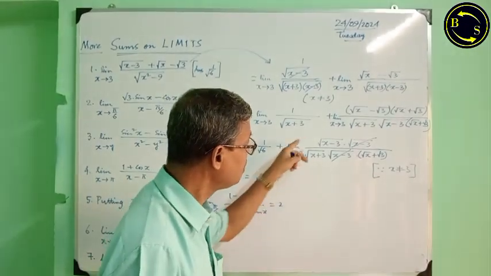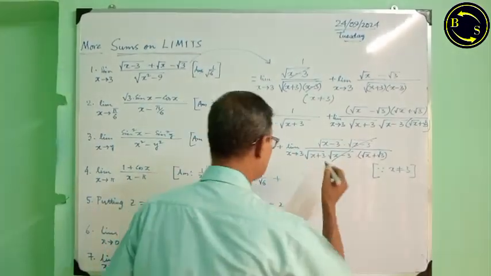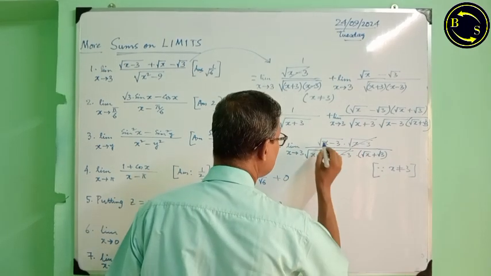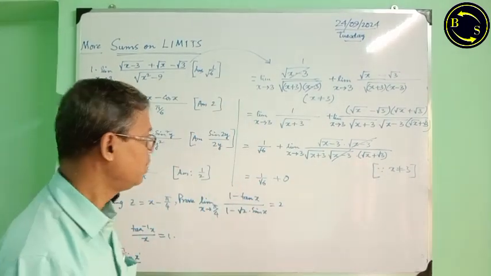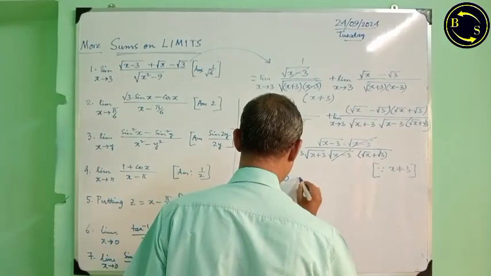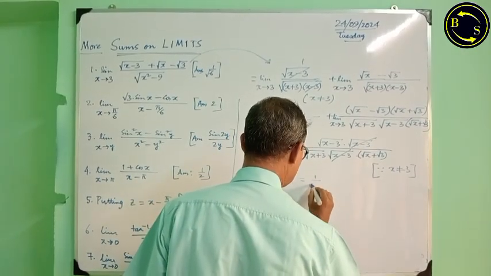Putting x equal to 3, we get this one becoming 0, numerator is 0 but denominator is non-zero. Therefore, finally the answer is 1 by root 6.